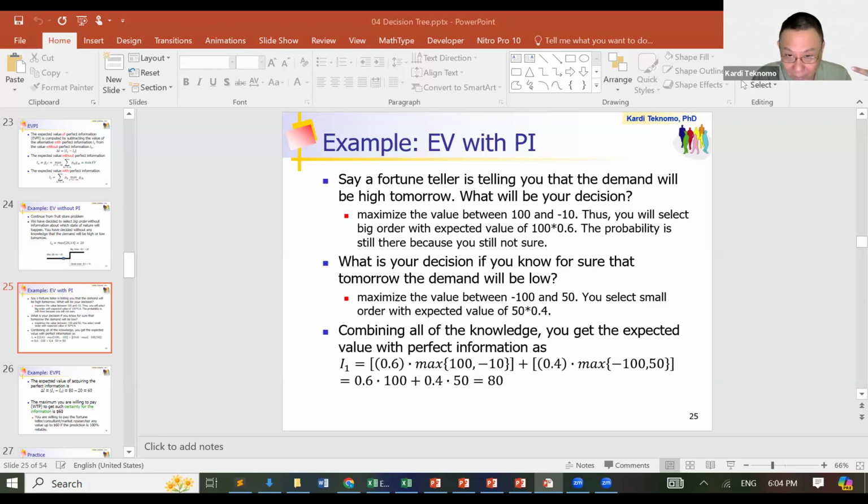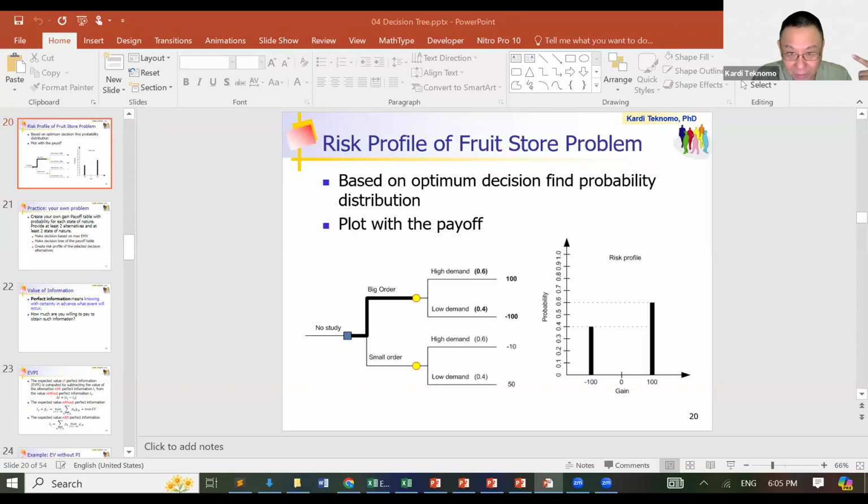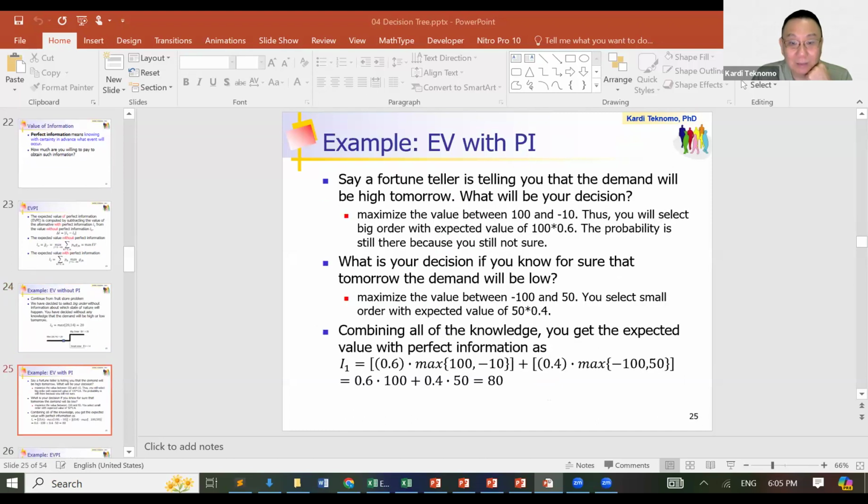Do you know how you get the minus 10 and minus 150 here? From the decision tree a while ago. Can you see? Minus 150 for low demand. Now between the two, you want to maximize the value and multiply by the probability, and you get 50 multiplied by 0.4.